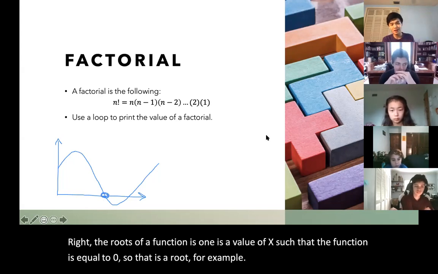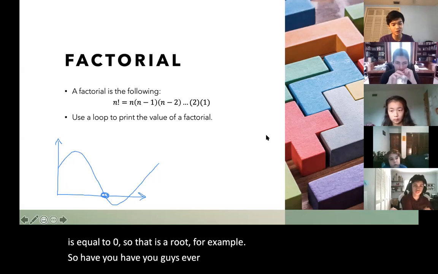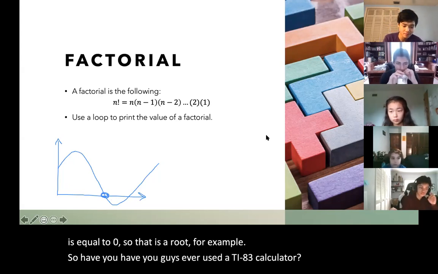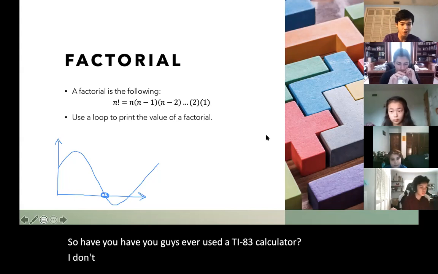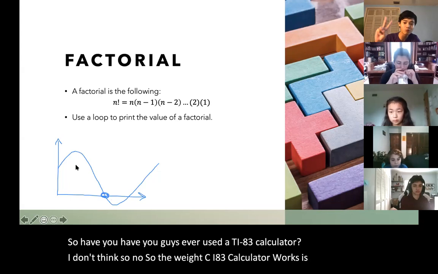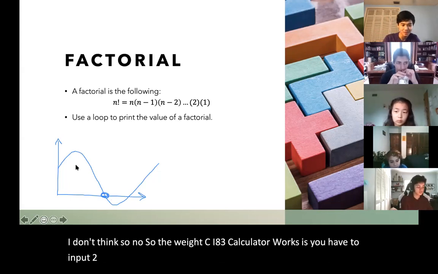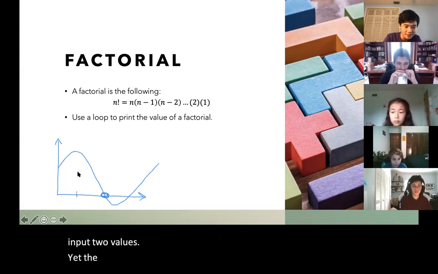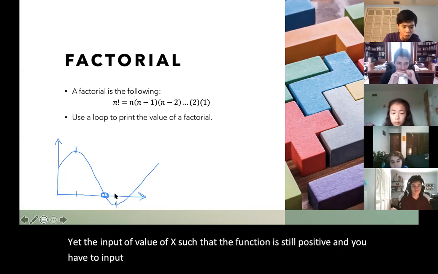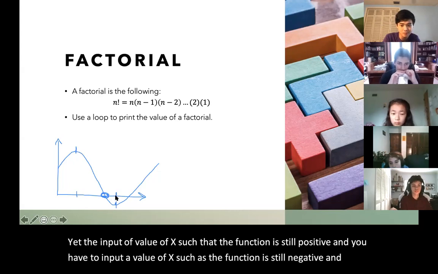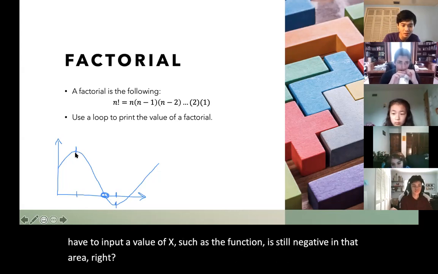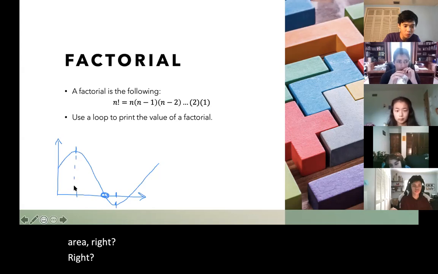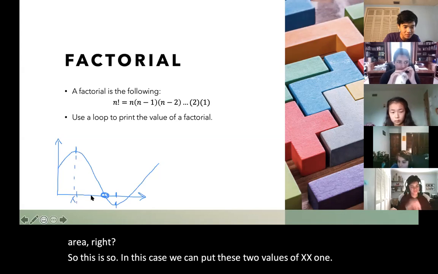So have you guys ever used a TI-83 calculator? The way a TI-83 calculator works is you have to input two values. You have to input a value of x such that the function is still positive, and a value of x such that the function is still negative in that area, right? So in this case, we can input these two values of x, x1 and x2.